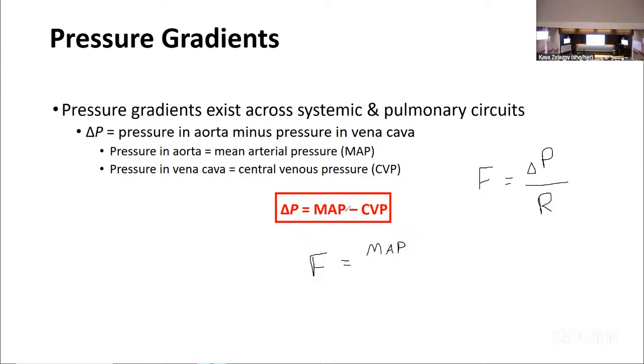And that low pressure coming back to the heart in our vena cava, we refer to as our central venous pressure, so CVP. And we're not going to worry about the resistance part yet, so we'll just leave that on the bottom there. Okay.